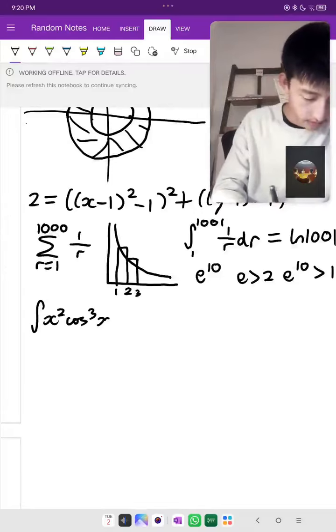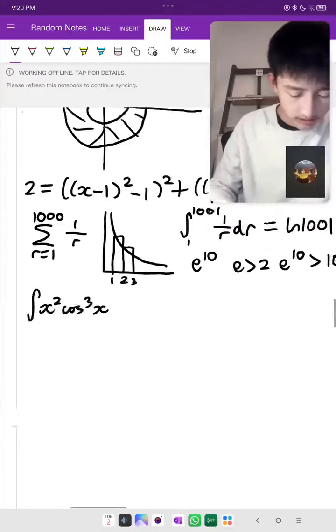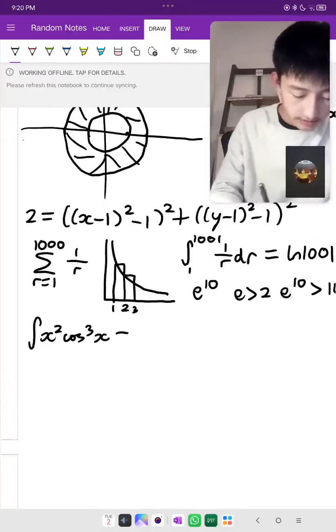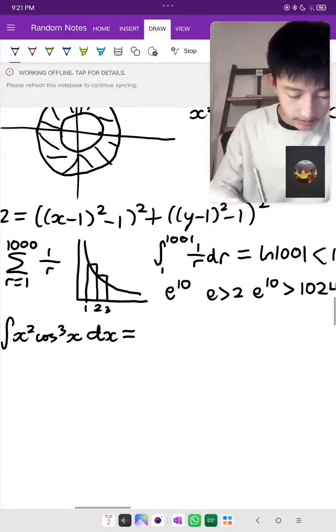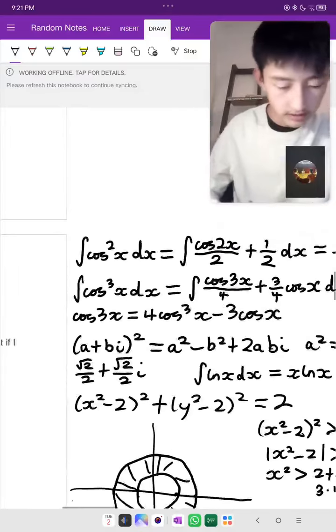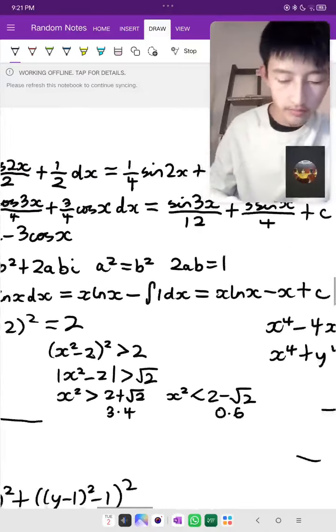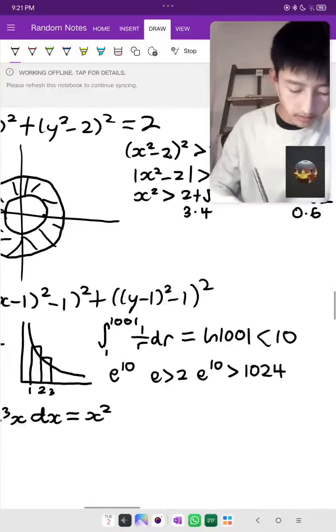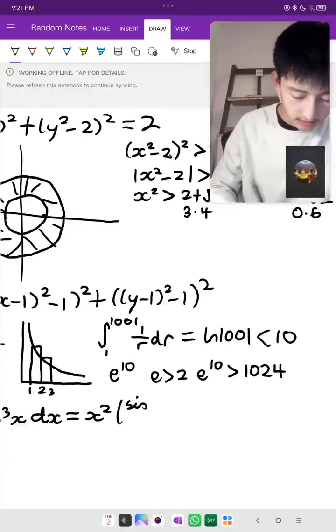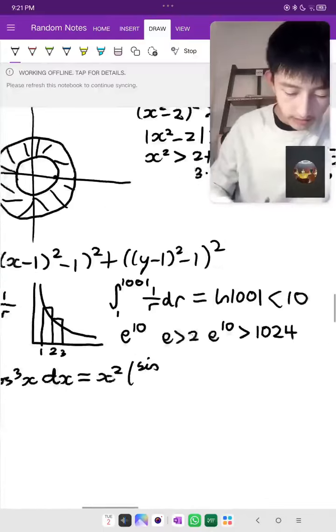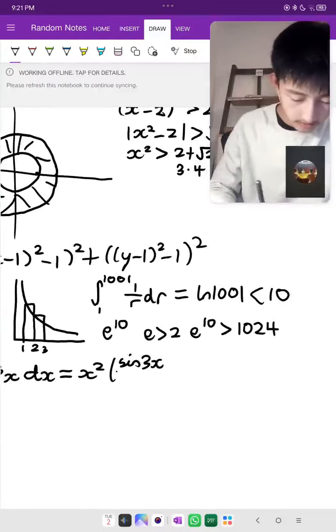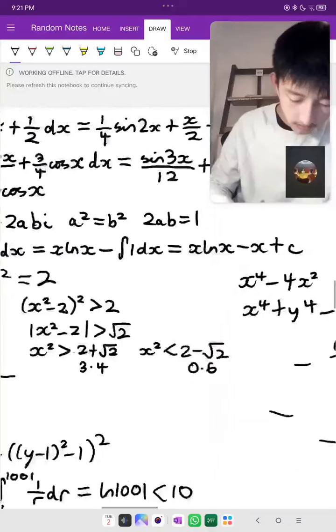I probably would like to integrate by parts. So I've got my dx. This is going to be x squared, and then the integral of cos cubed x I did earlier, did I not? Yeah. So x squared sine 3x over 12 plus 3 sine x over 4.